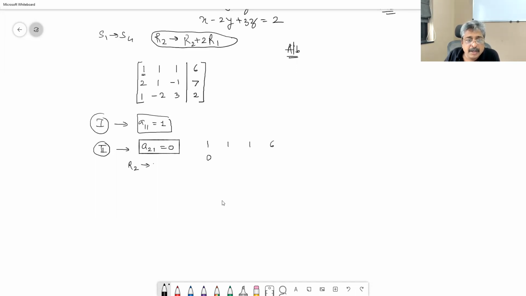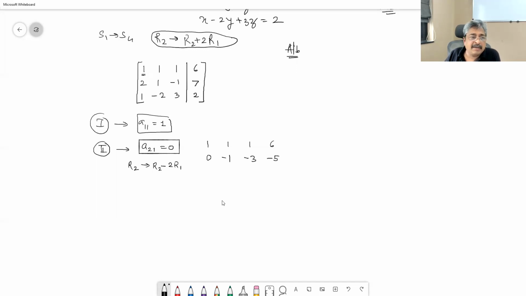R2 becomes R2 minus 2R1. You are multiplying the first row by 2 and subtracting it from the second row. So that is why this becomes 0. If you do it for the second entry, it will become -1. If you do it for the third entry, multiply the first row by 2 and subtract it from this, so -3. 12 is subtracted from 7, so -5.